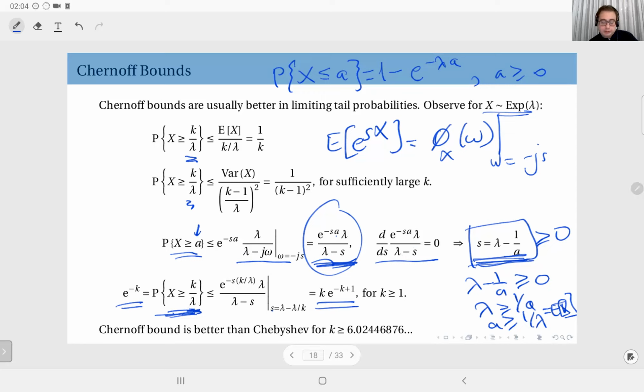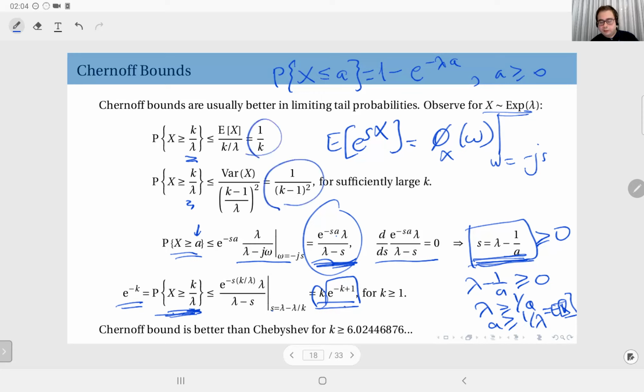Okay, so I've got k. The k component increases as we go further away from the mean. But at the same time, I have a decaying exponential, which goes to 0 much faster than k. And for that matter, it also goes to 0 much faster than both this and this.